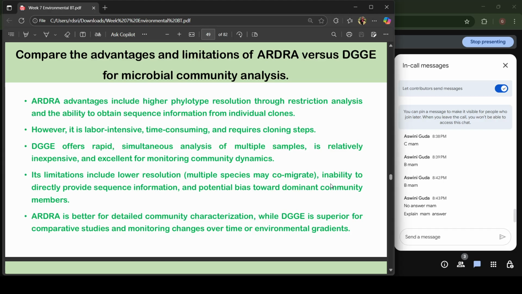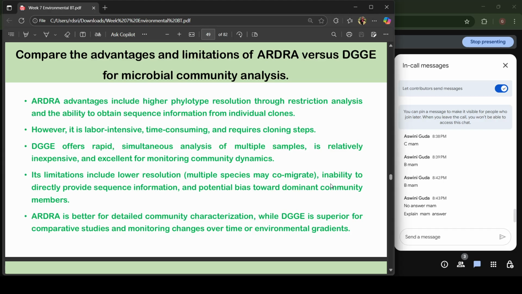It is relatively inexpensive compared to ARDRA. It is inexpensive, and when we are going to monitor the community dynamics, this is a good technique. But the limitations include lower resolution, because in DGGE we are just talking about the melting behavior, right?